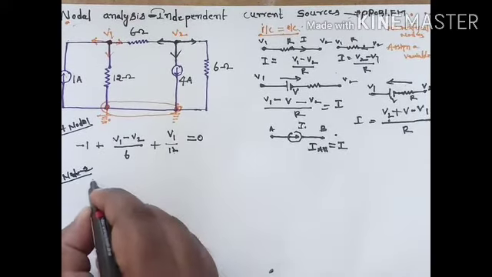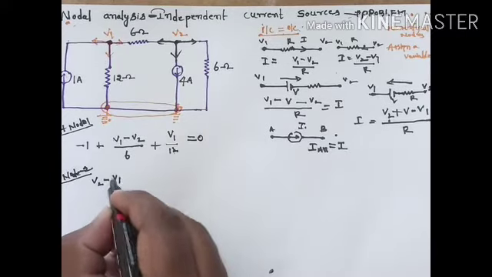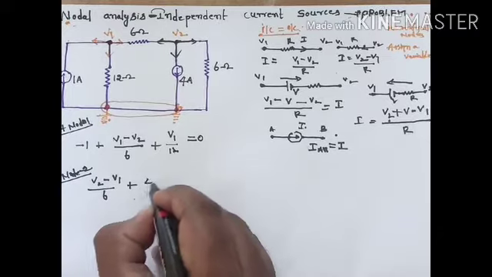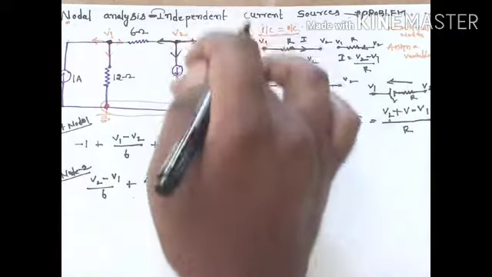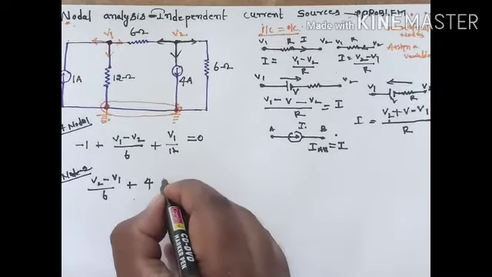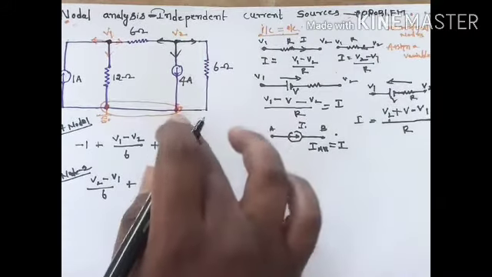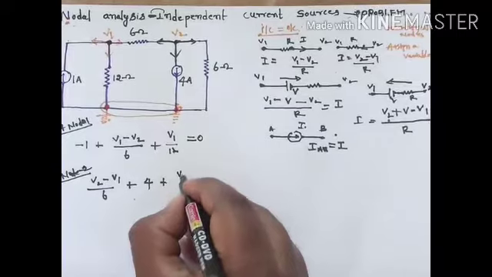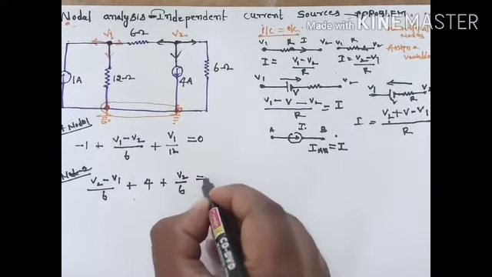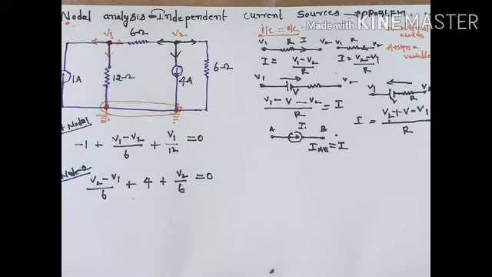So here we have to write, at node 2, (V2 minus V1) by 6 plus 4, this is 4, the actual current as well we have to write, plus (V2 minus 0) by 6, that is V2 by 6, equal to 0, isn't it?